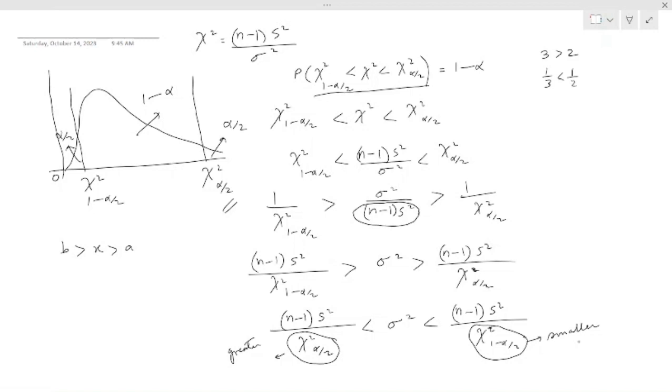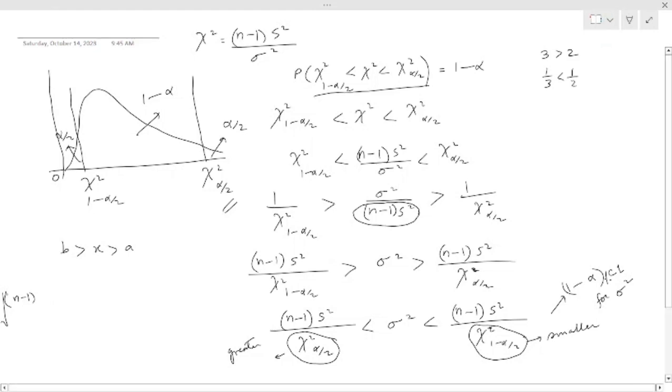So this is how we can come up with the 1 minus alpha percent CI for sigma square, that is the population variance. If we want to redefine it for standard deviation, we need to mention it inside the square root sign. That's it.